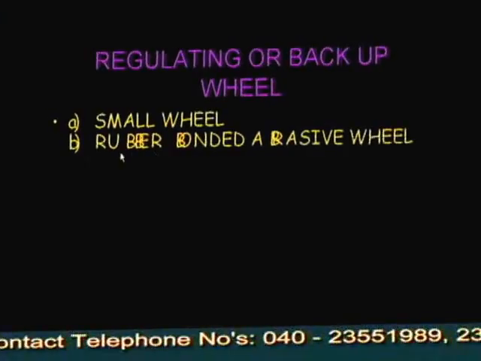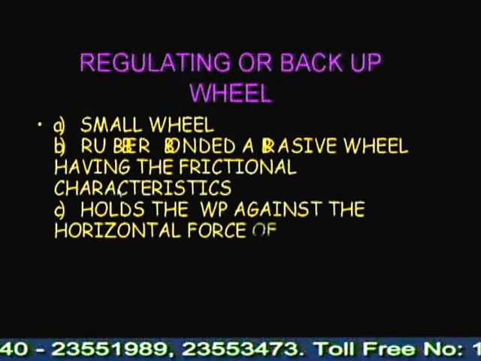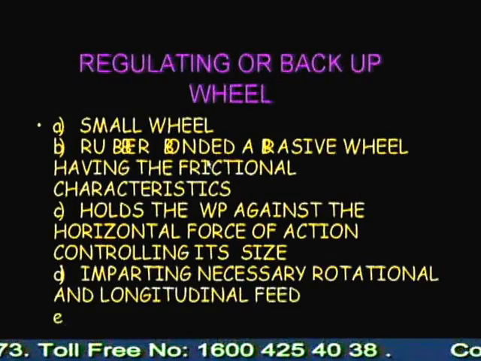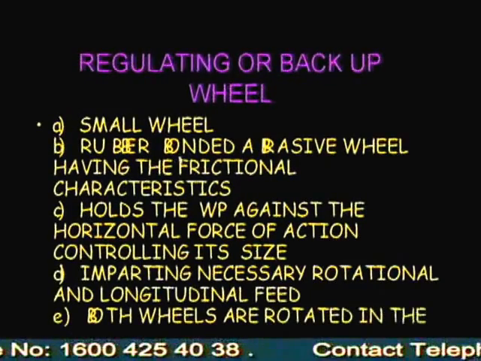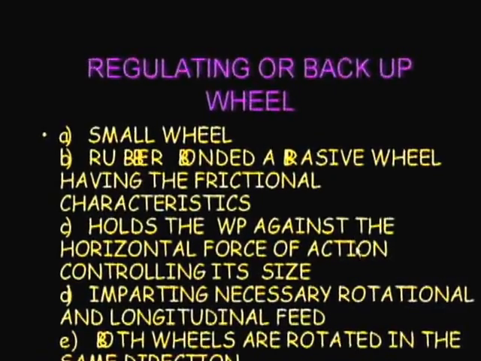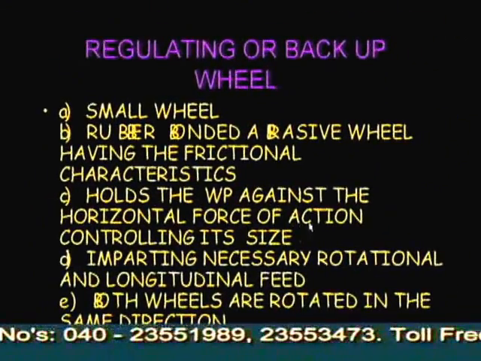Next, what does the regulating wheel or backup wheel do? It is a small, rubber bonded abrasive wheel having frictional characteristics, so that it can hold the workpiece through friction, against the horizontal force of action, controlling its size.